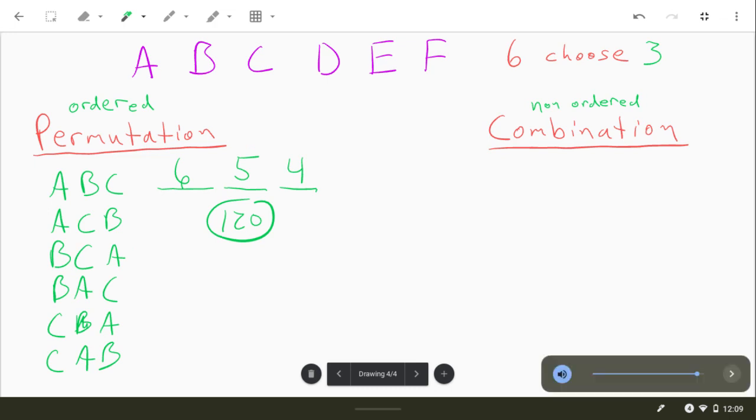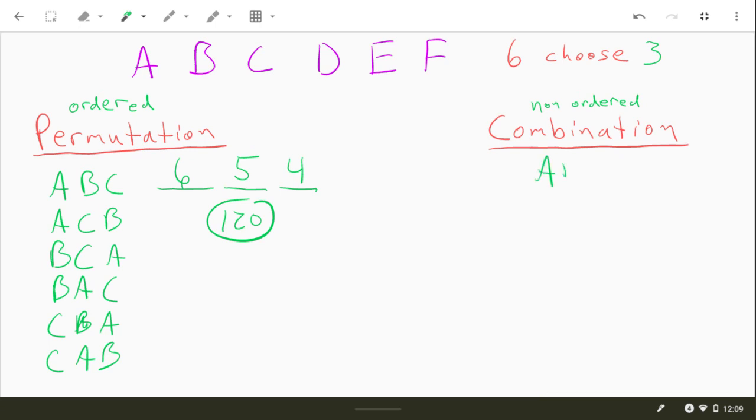The combination one, though, let's just take this ABC. See, for a combination, the order doesn't matter. So if I have ABC, that means I also have BCA and BAC. This would be kind of like, all right, I've got 6 candidates, but I just want to fill 3 jobs.